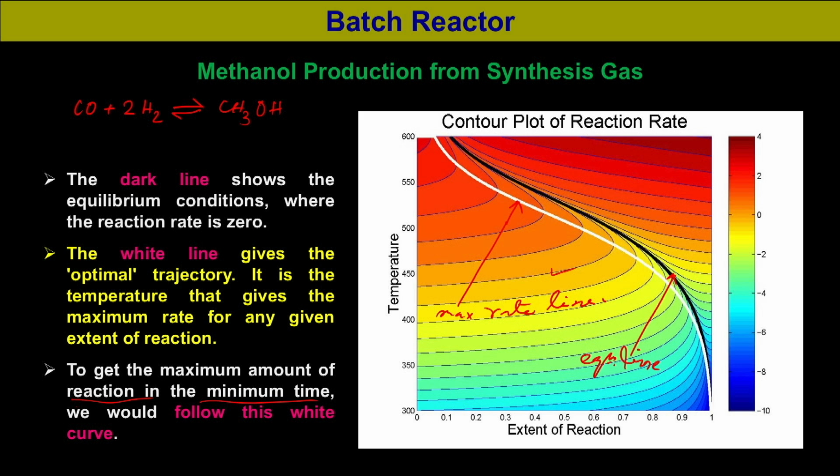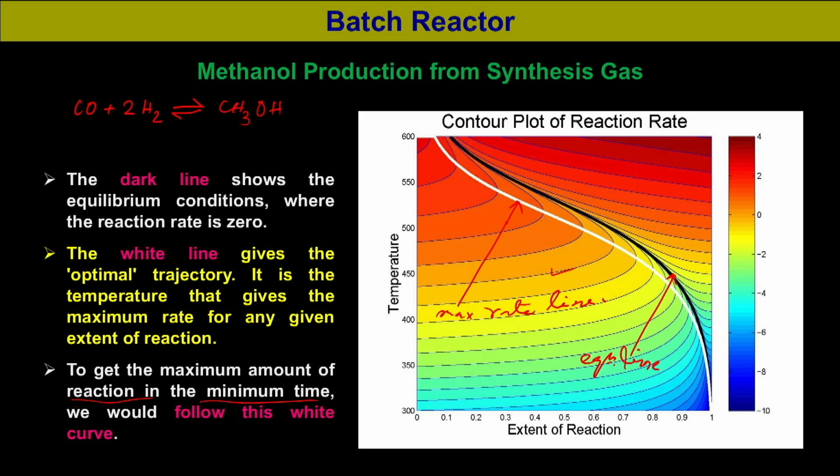The white line over here is the maximum rate trajectory. So, it represents the maximum rate line. The white line gives the optimal trajectory. It is the temperature that gives the maximum rate for any given extent of reactions.